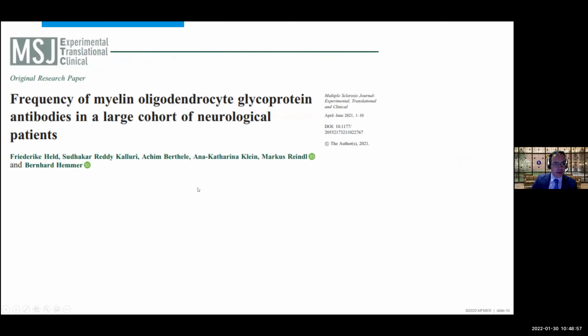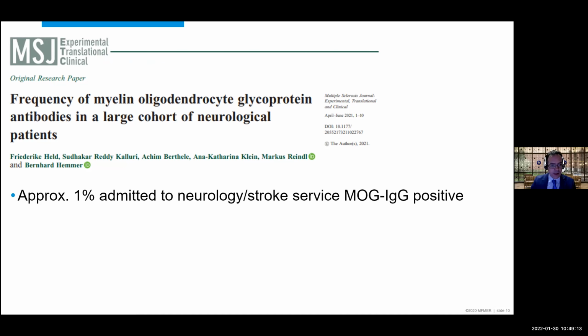And indeed, there's been another study done by a group in Germany, where they looked at the frequency of MOG antibodies in a large cohort of patients admitted to hospitals. So this was just any patient admitted to a neurology service, either a general neurology or stroke service, and they found about 1% admitted to neurology were MOG IgG positive.